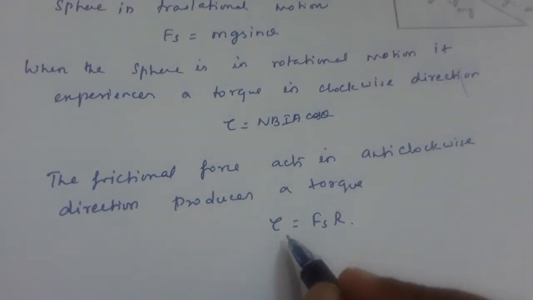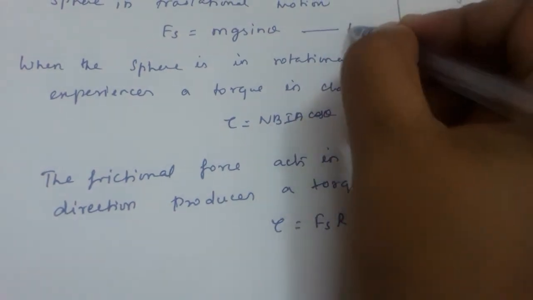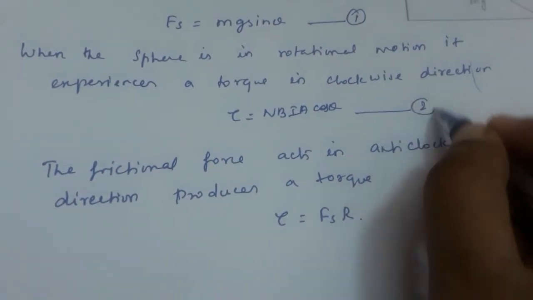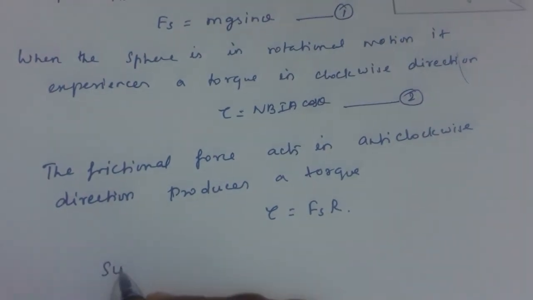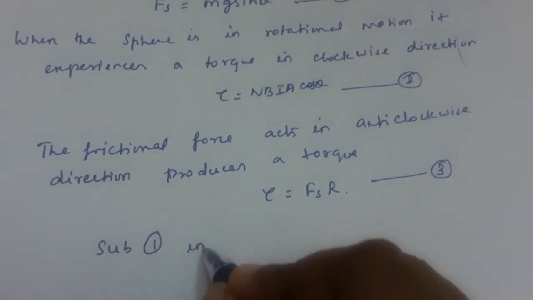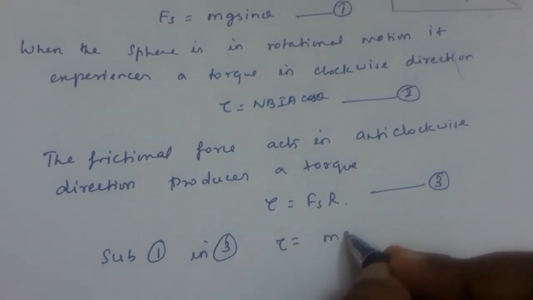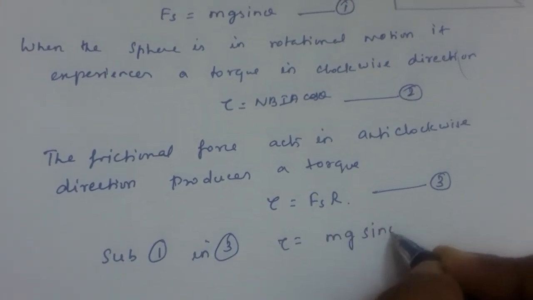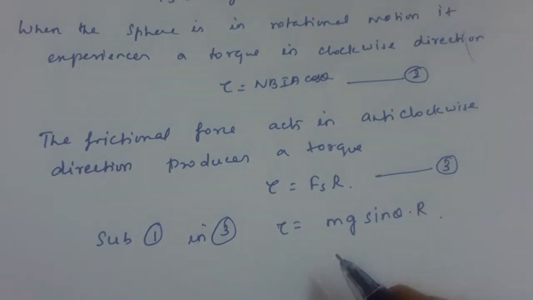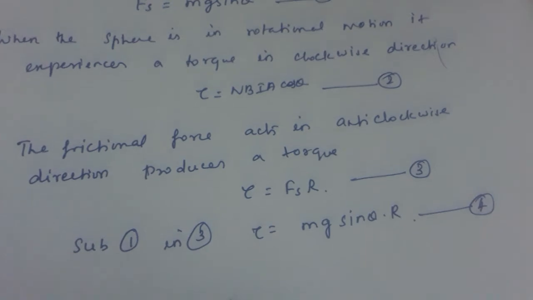Okay. Now I am going to substitute. This I am going to take as equation 1. This I am going to take as equation 2. Substituting 1 in 3, what will we get? Tau is equal to mg sin theta into r. Okay. Now this I am going to take as equation 4.